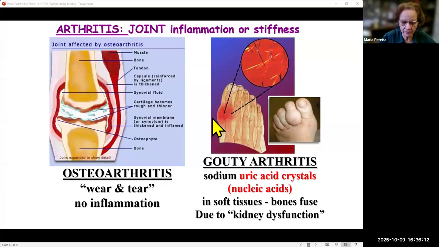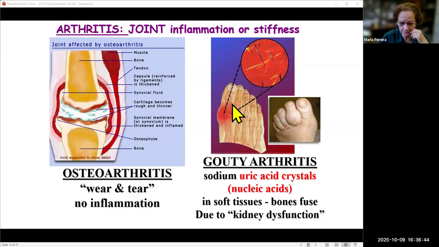Then you have another type of arthritis known as gouty arthritis. This is a very unusual phenomenon where the metabolites of nucleic acids lead to the production of uric acid. This uric acid can accumulate at the articulations and form hard crystals. So this becomes extremely painful when you move those bones.